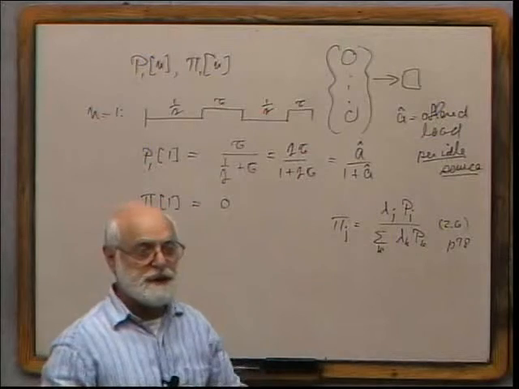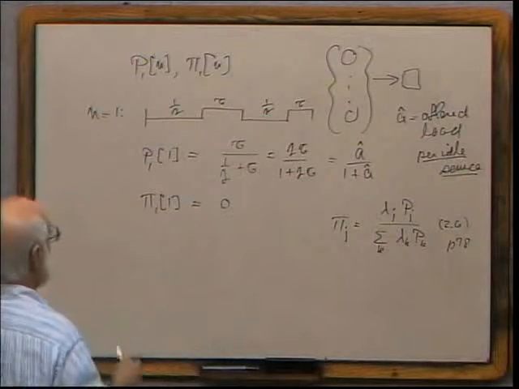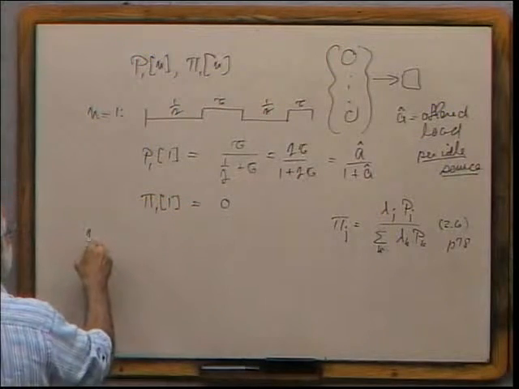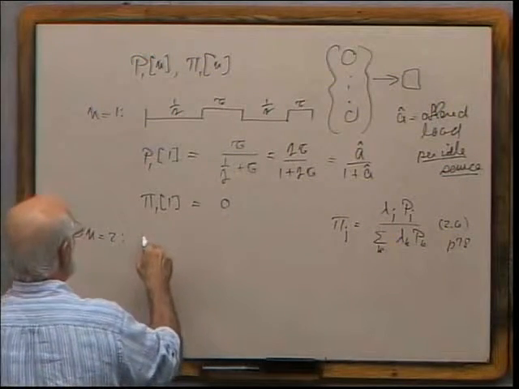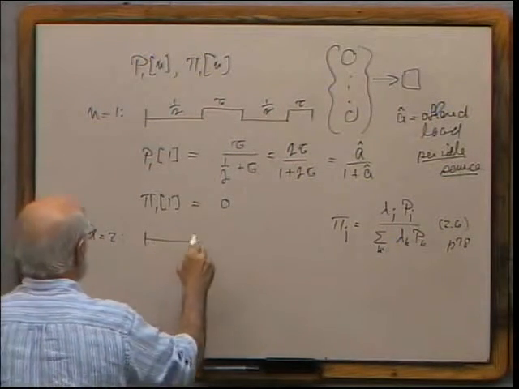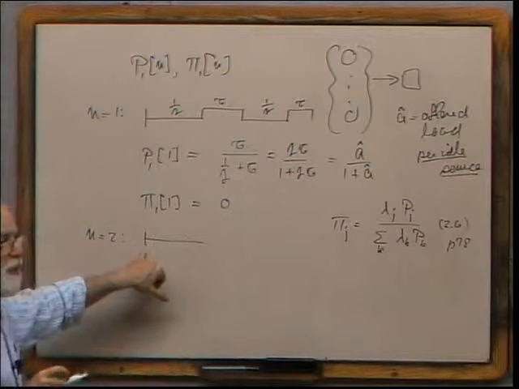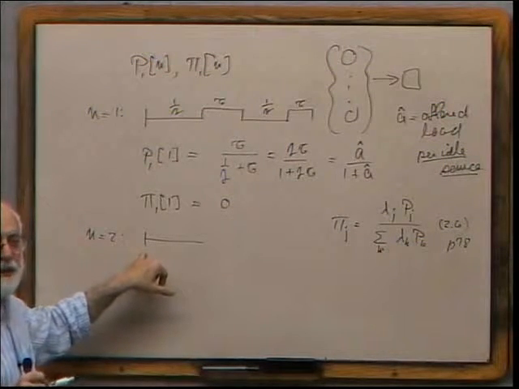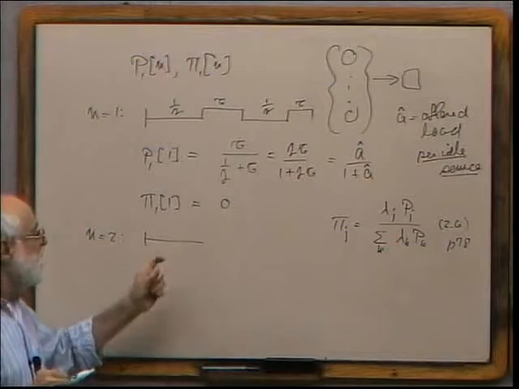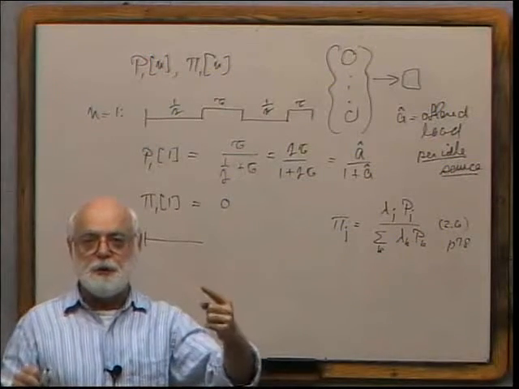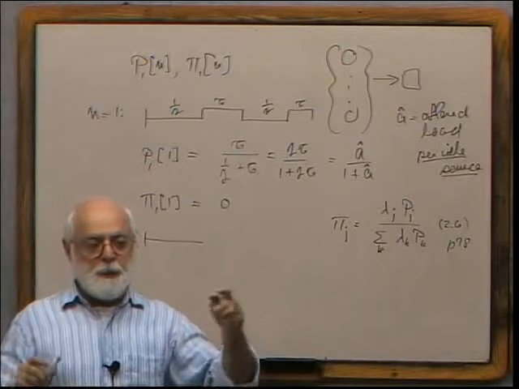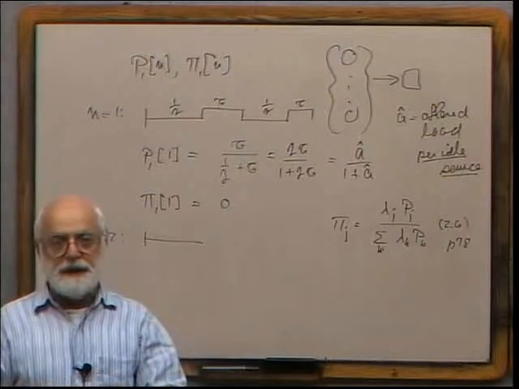Okay, so the next case is let's take n equal to 2. So now what does the diagram look like? Well, let's say we start out with both sources in the think state, which means that the time until the first request is the minimum of the think times of the two sources. So the minimum of the think times is exponentially distributed. It's the minimum of two exponentials.